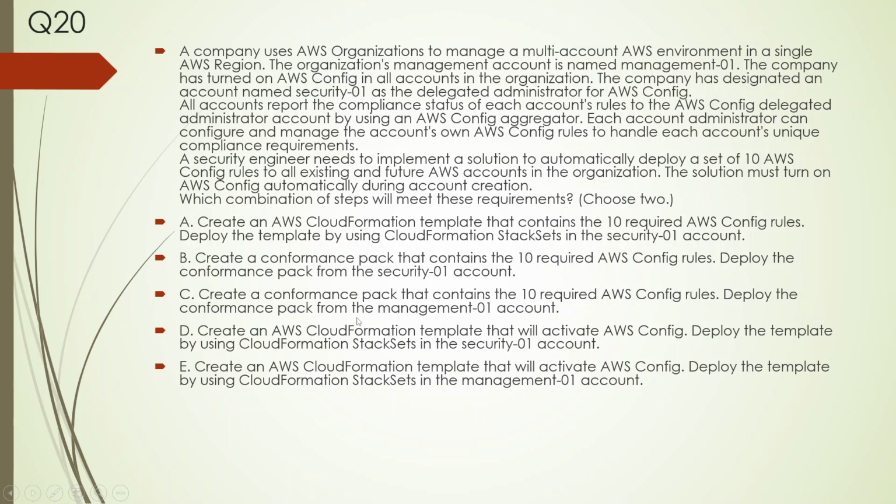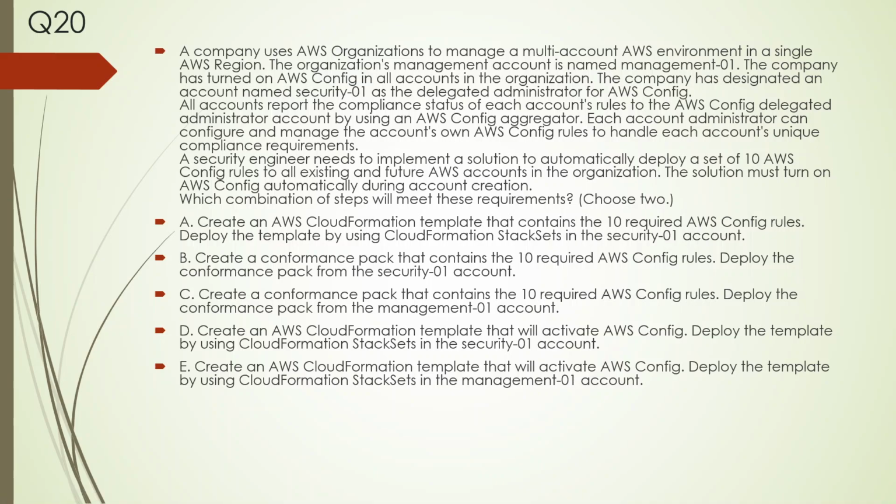Deploy the conformance pack from Management 01. D. Create an AWS CloudFormation template that will activate AWS Config. Deploy the template using a CloudFormation stack set in Security 01. And E. Create an AWS CloudFormation template that will activate AWS Config. Deploy the template by using a CloudFormation stack set in the Management 01 account.